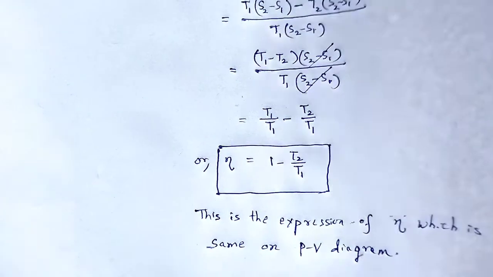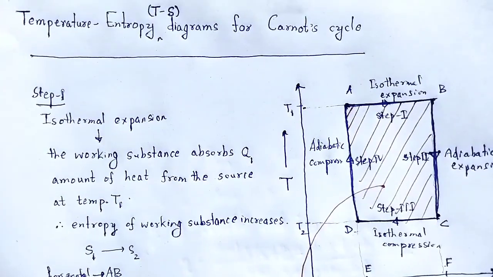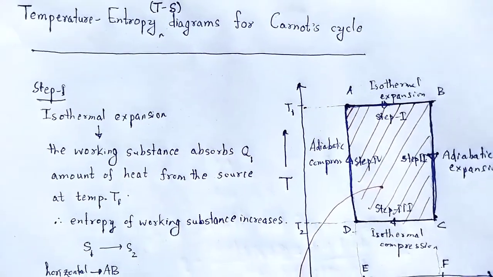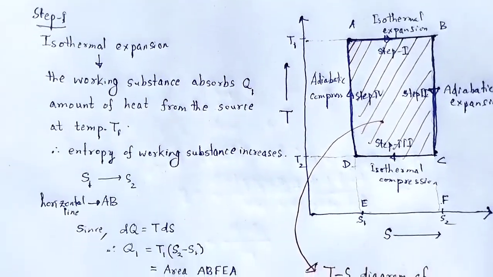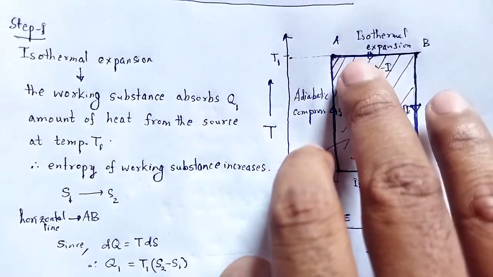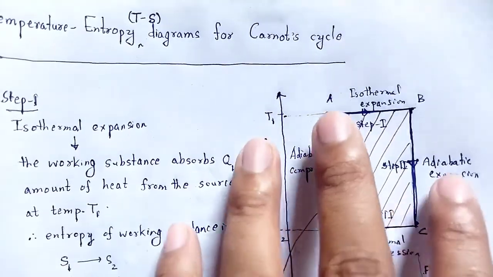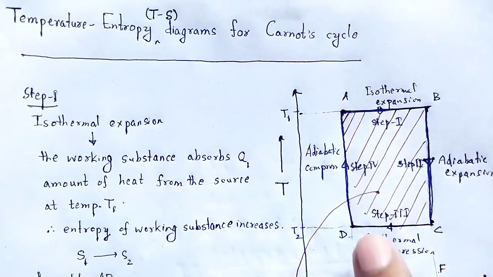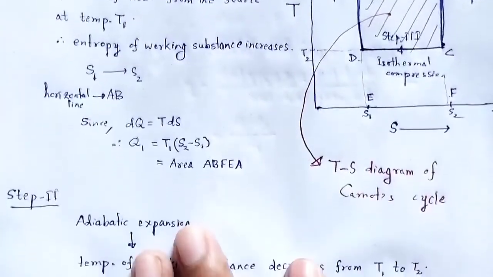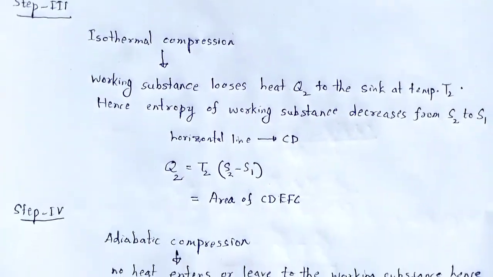So with the help of this video lecture we understand the temperature entropy diagram for Carnot cycle, that is the TS diagram. We take the reversible Carnot heat engine, and this is the diagrammatic view of it, with 4 steps, and for each step we see the entropy.